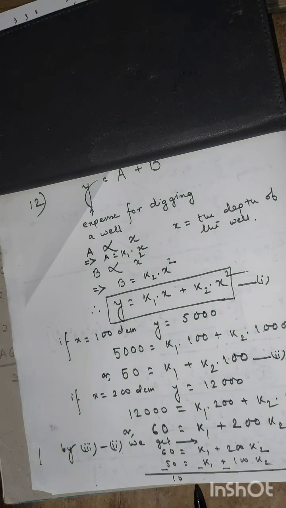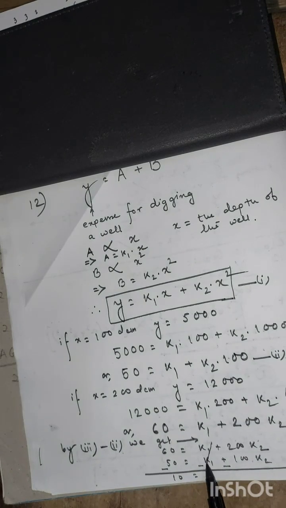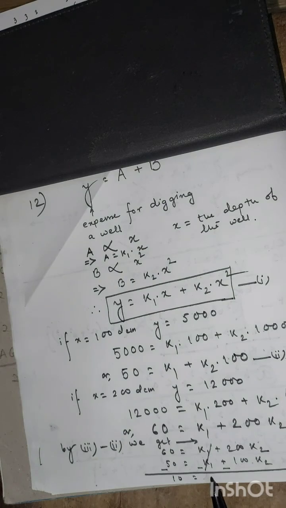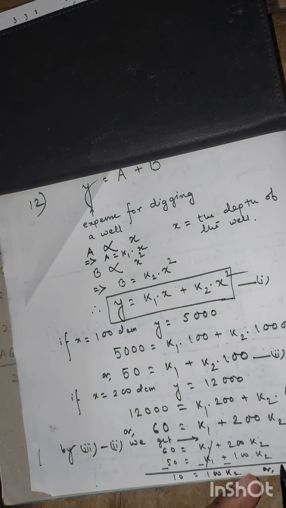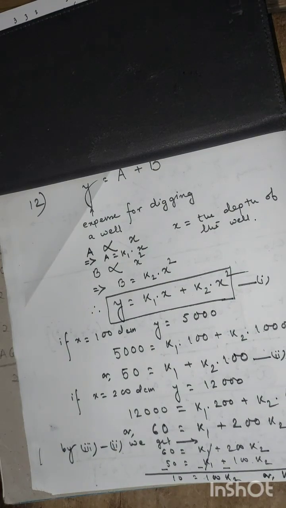So 10 equal to plus K1 and minus K1 cancel each other, and 100 into K2, or K2 equal to 1 by 10.